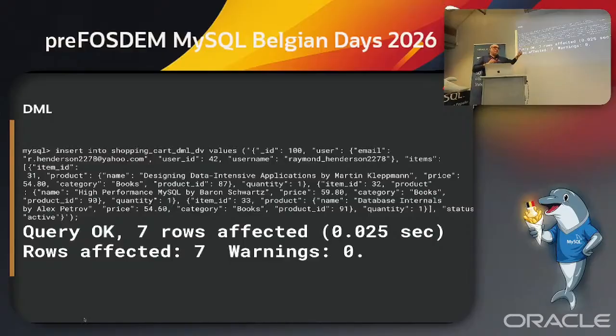So when you specify the capabilities in the view, you need to be very careful, because if you say sub-documents can be inserted or can be updated, you can update things that you actually didn't want to update.